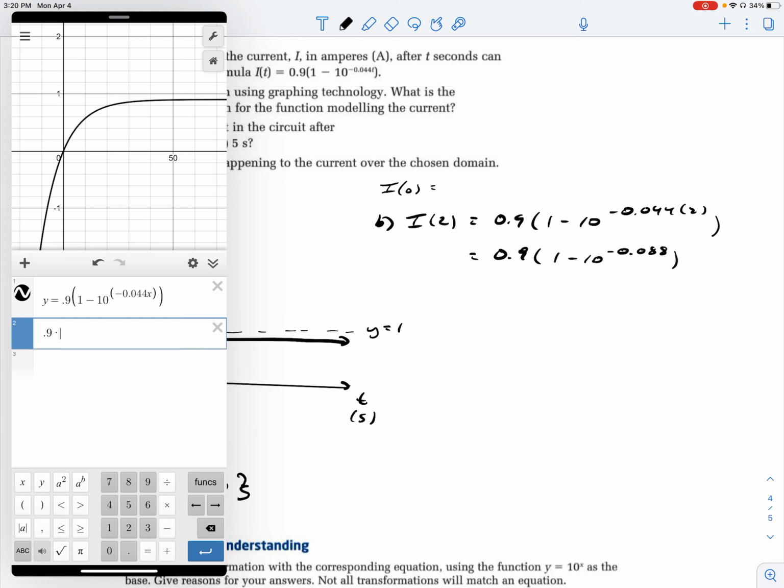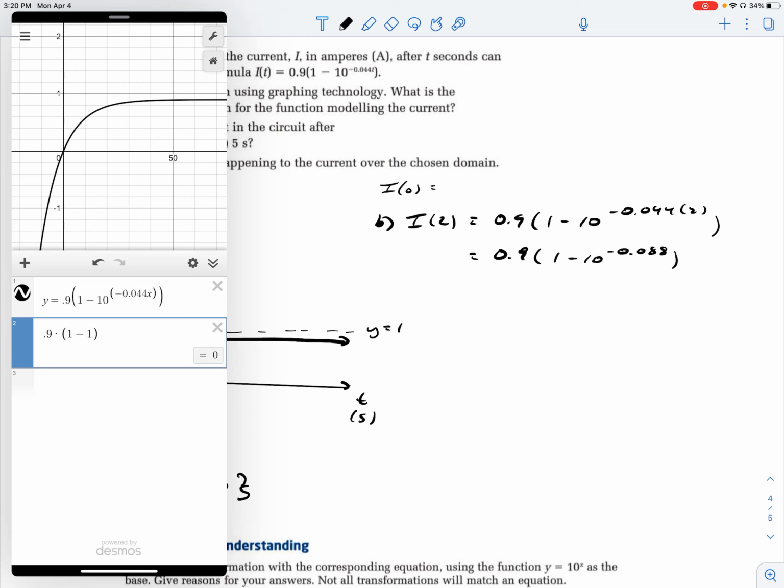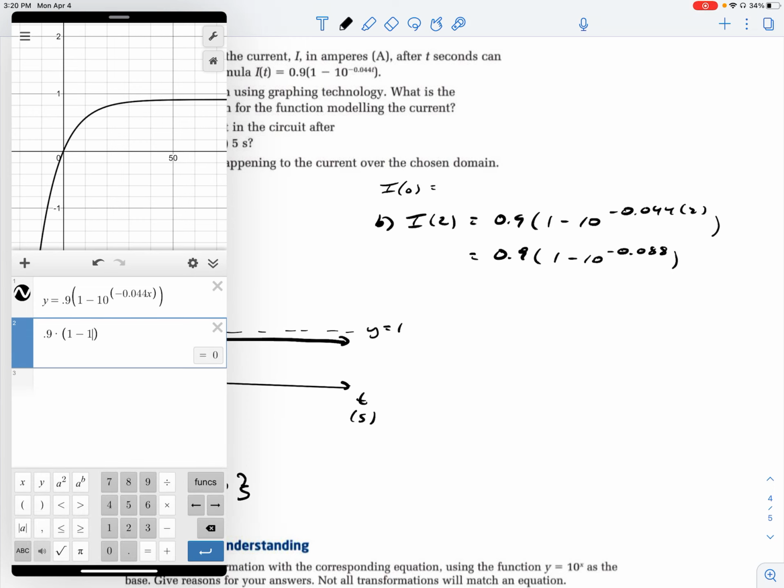0.9 times 1 minus 10 to the exponent negative 0.088. So that's about 0.165, we'll say amps.